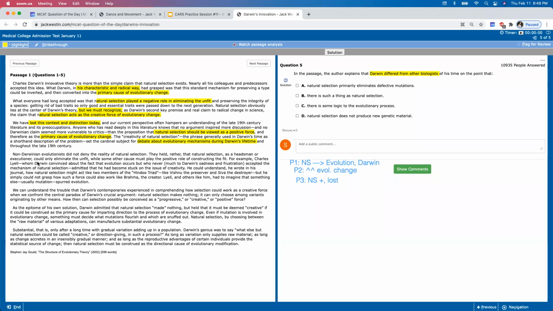Okay. Paragraph 4. So now we're saying they didn't deny it, but they said that natural selection could only eliminate the unfit, and it's not natural selection that plays a positive role, it's something else.